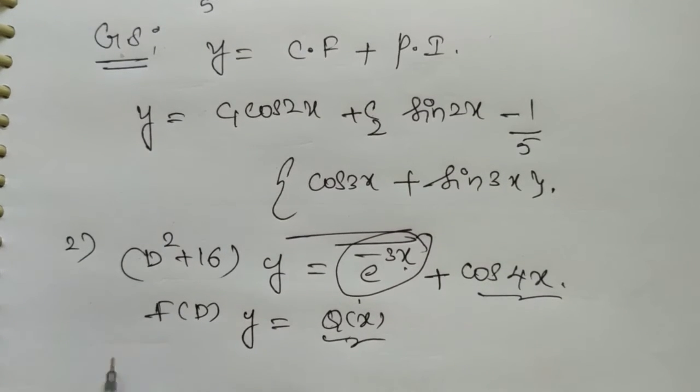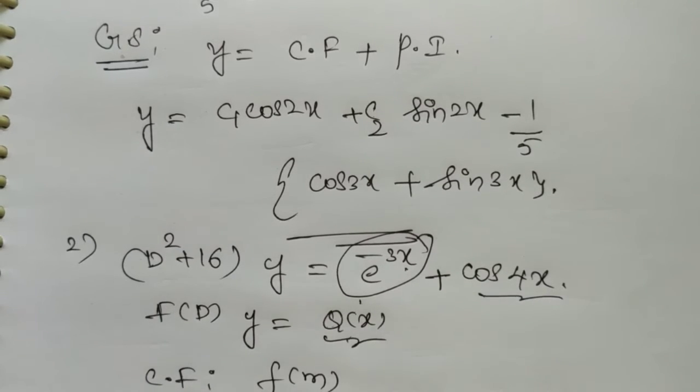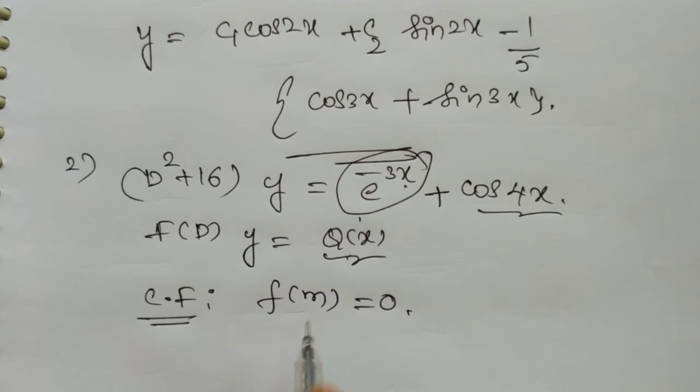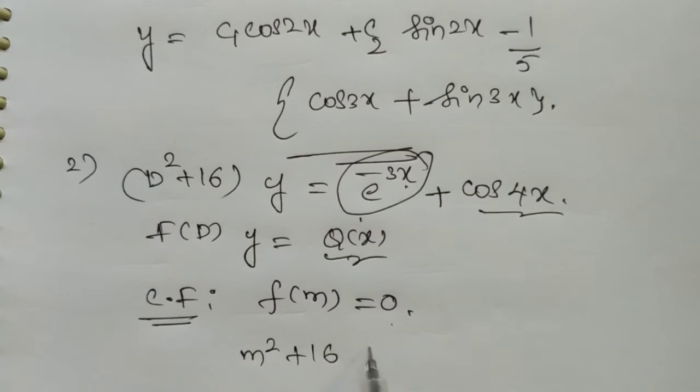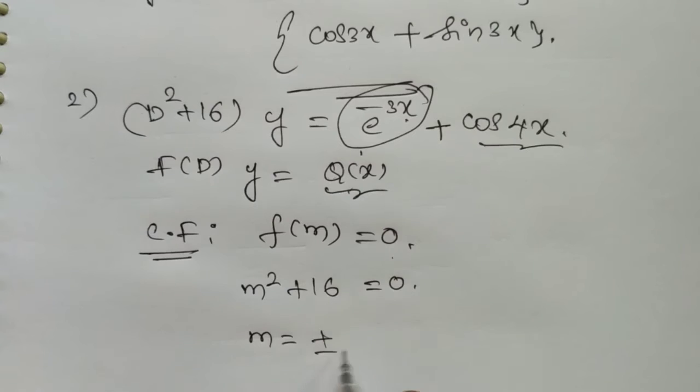So therefore first to find complementary function. So here I am writing auxiliary equation of given equation. So that is f of m equal to 0. So m square plus 16 equal to 0. Then m equal to plus or minus 4i.